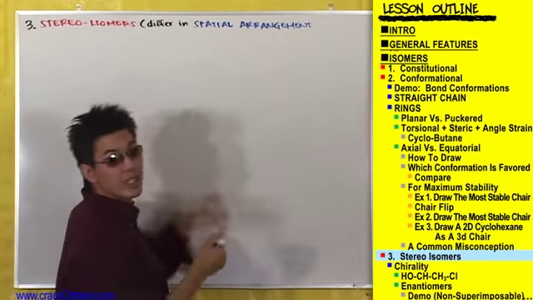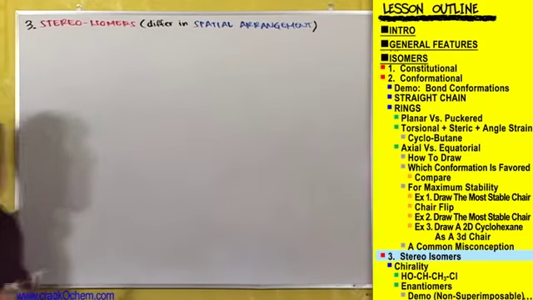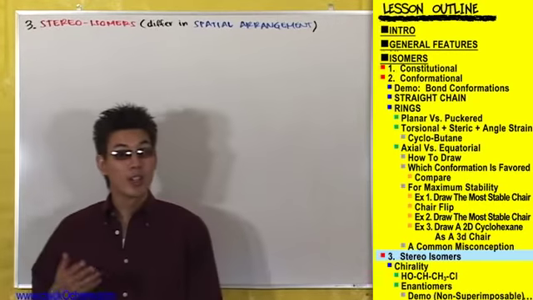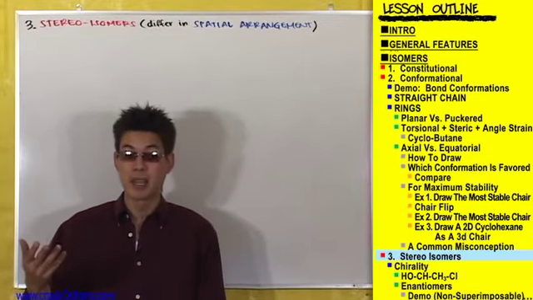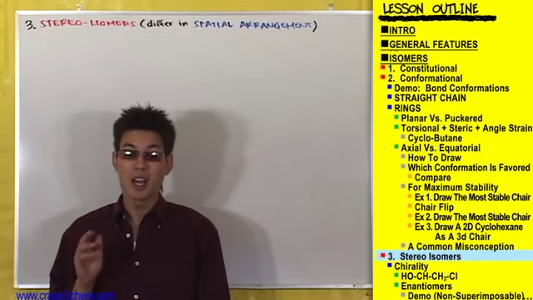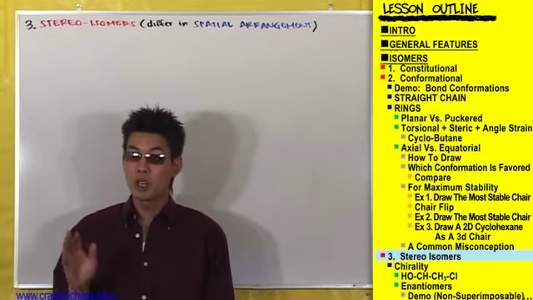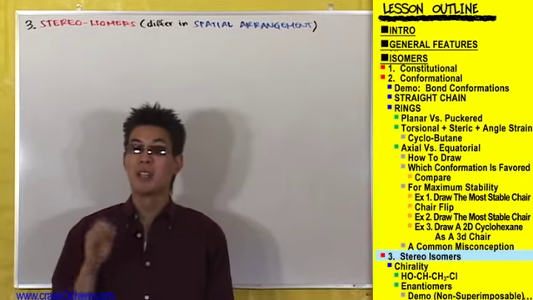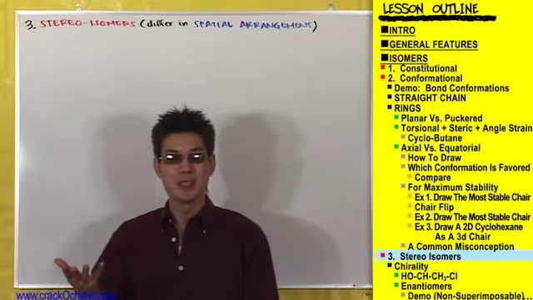Okay, so stereoisomers differ in how their atoms are arranged in space. And let me just tell you that not all compounds are going to have stereoisomers. Almost all compounds can have constitutional isomers and conformational isomers, but it takes a special compound to have a stereoisomer. That's what's so cool about these guys.